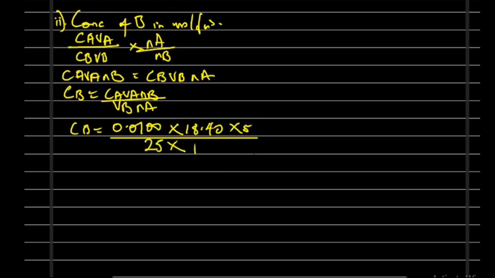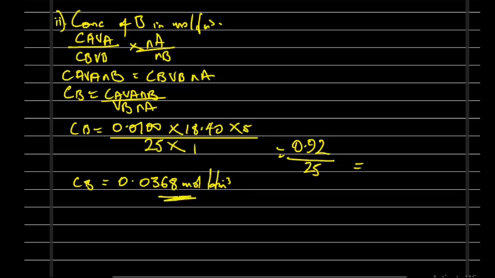By the time we do all of the calculation, we'll have 0.92 divided by 25, and that is going to give us our CB equals 0.0368 moles per dm³. So that is the value of our concentration of B in moles per dm³.